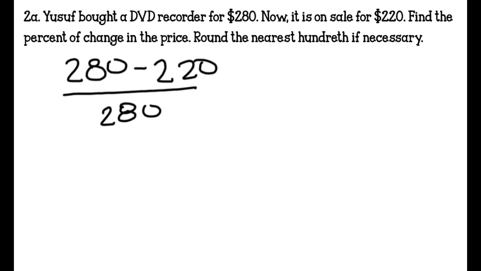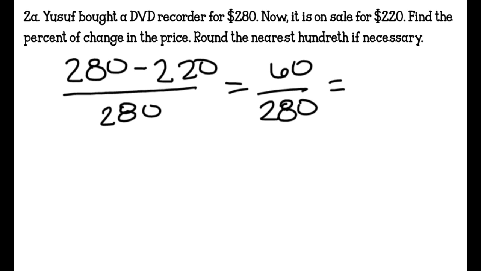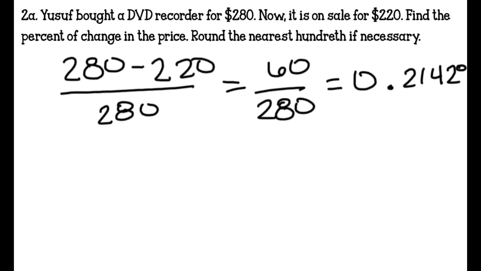So 280 minus 220 is 60, and then I divide that by 280, and the calculator would say 0.21428.